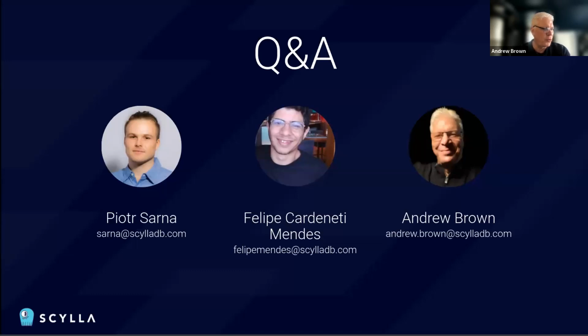I have one question here, which I think is for you, Piotr. What is the release status of the Rust driver, and what does the roadmap look like for the Rust driver at ScyllaDB? Right. So, as a matter of fact, I just released another version today because we had some new fixes that arrived.